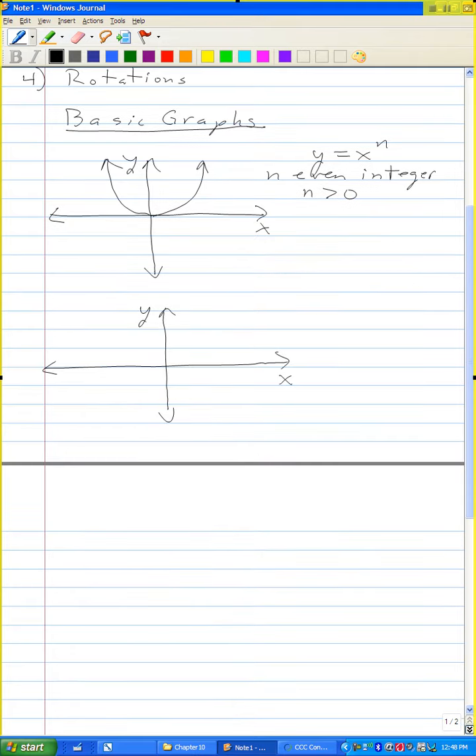Again, we're going to be graphing y equaling x to the n. Suppose that n in this case is an odd integer, and suppose that n is greater than 1. And so in this case, the graph will look something like this. For the first graph, it is symmetric about the y-axis. For this graph, it'll be symmetric about the origin.